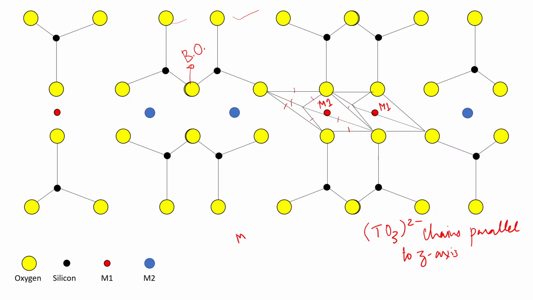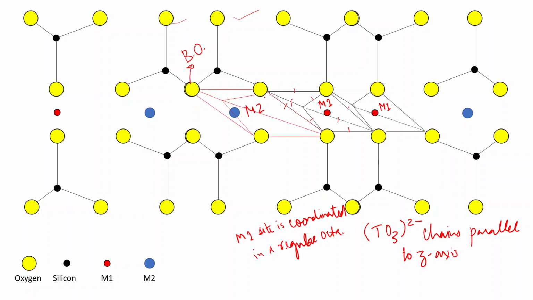So M1 site is coordinated in a regular octahedron. But look at the M2 site. This M2 site is a bigger one. And this M2 site is again being coordinated in an octahedron, but it is now distorted. It is not a regular octahedron.